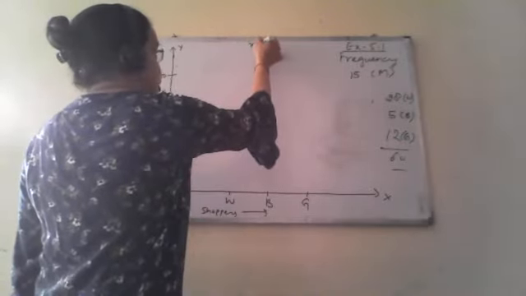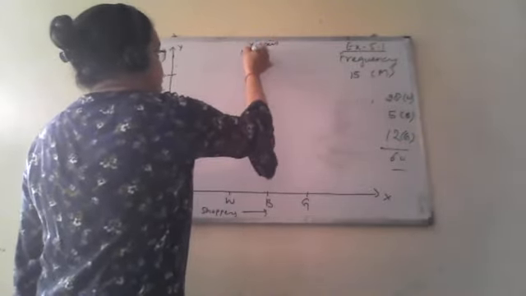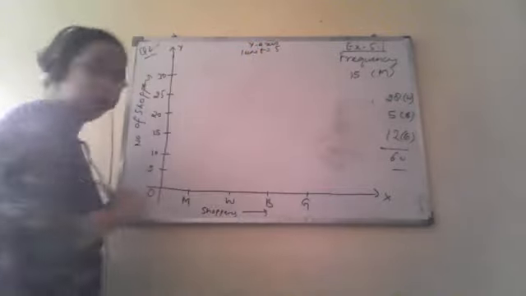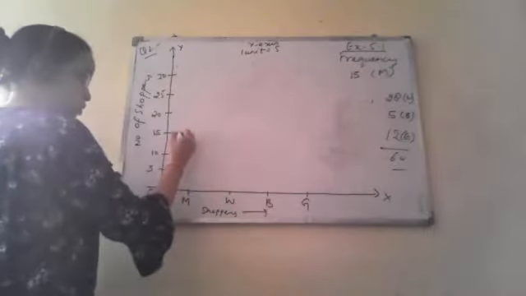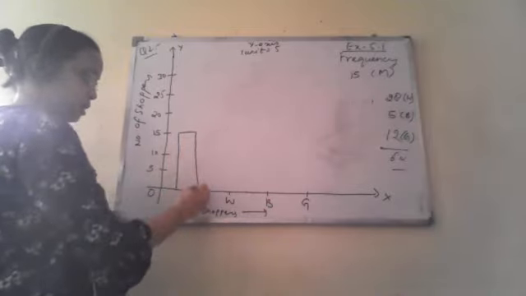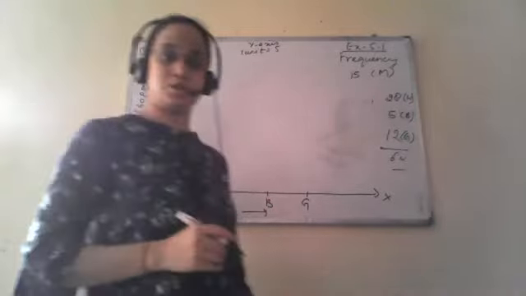So on the y-axis, what scale have we chosen? On the y-axis, we have taken 1 unit equal to 5 shoppers, or 5 people. Men were 15, so we will draw a bar representing the number of men who visited the departmental store.